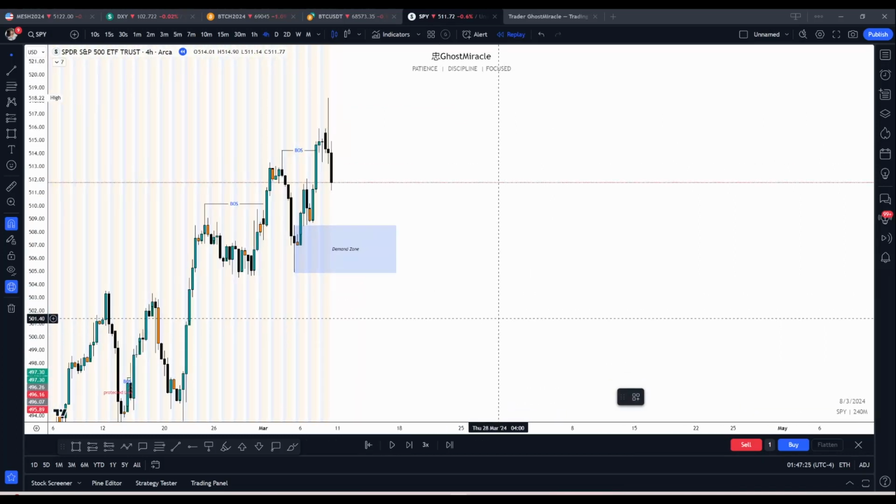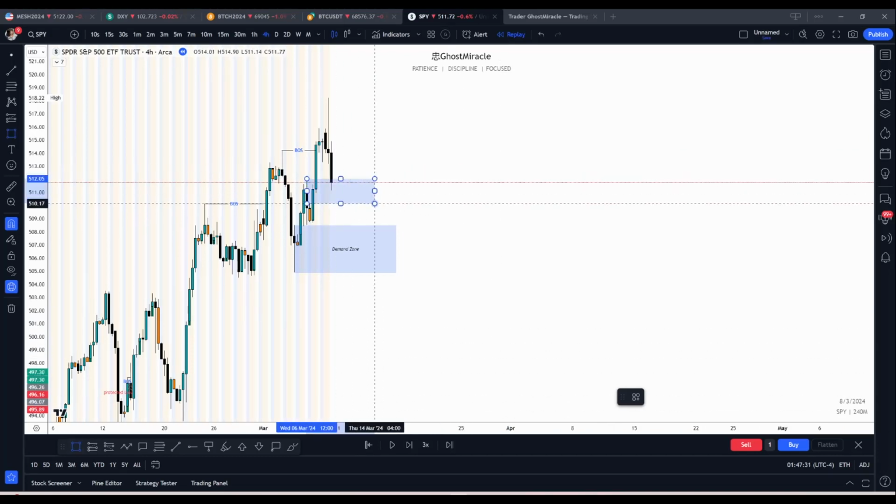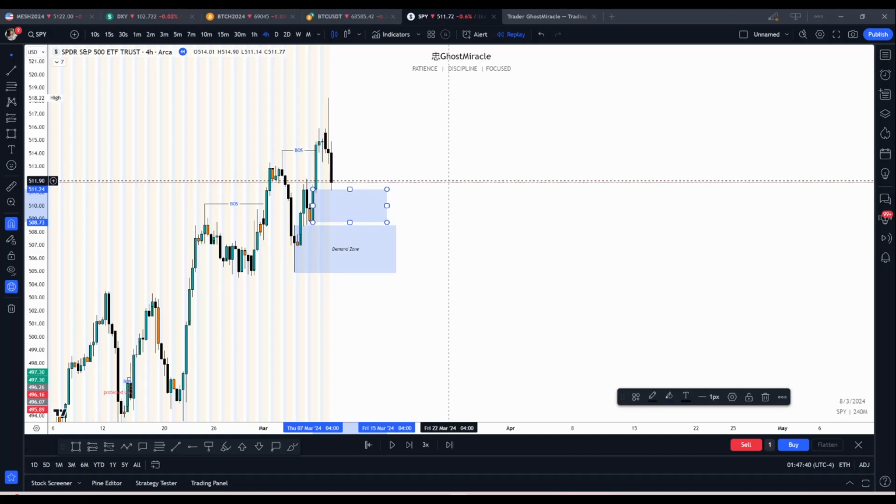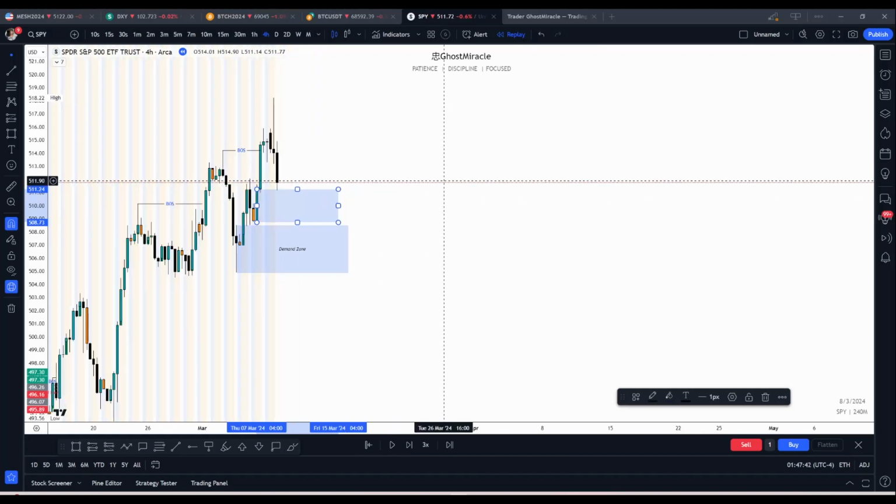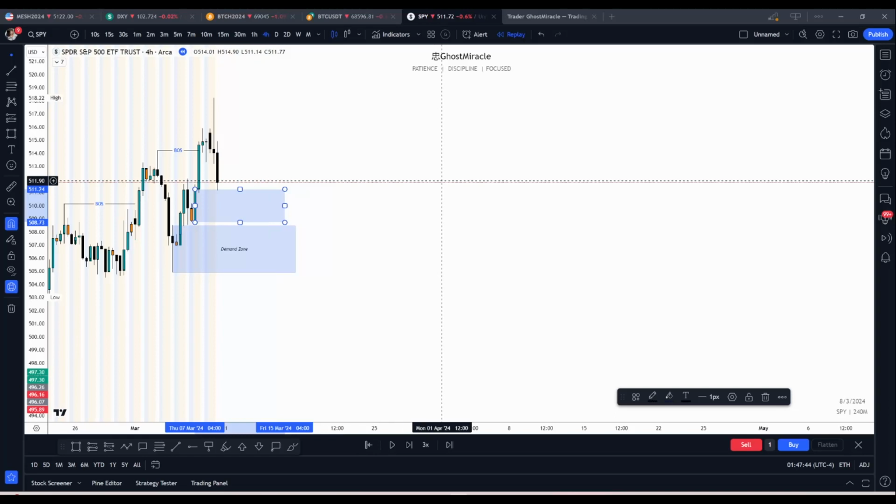I'll just use one entire demand. And then you had another zone here. I guess it was more so this.